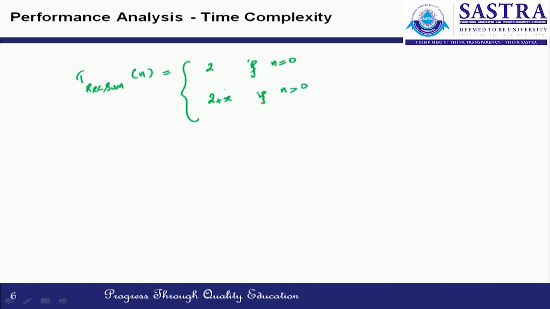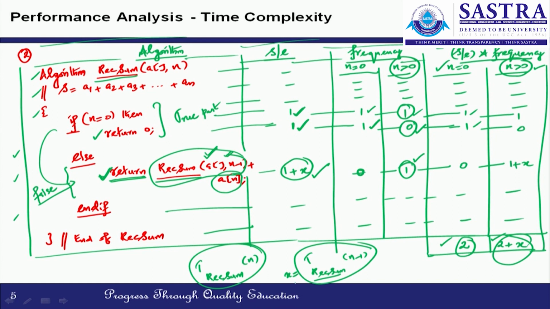What is x here? X represents the computational time to find the sum of n minus 1 elements in the array. X is equal to T recursive sum of n minus 1.